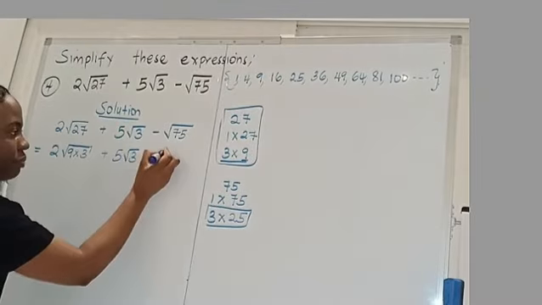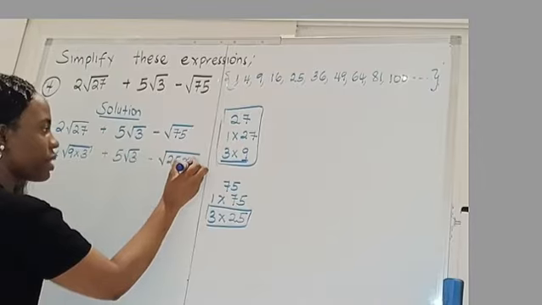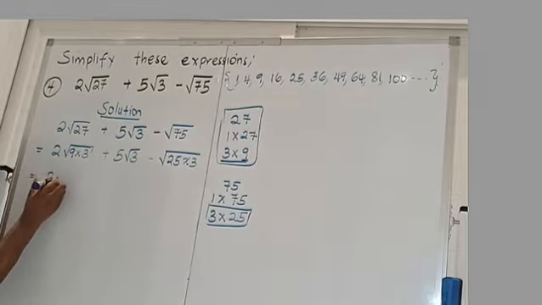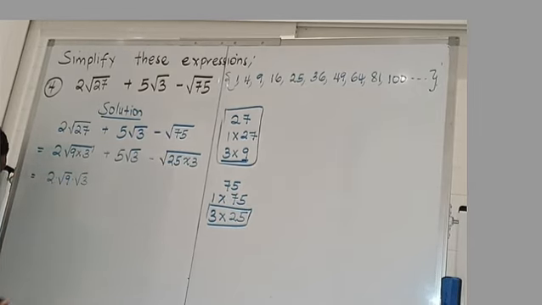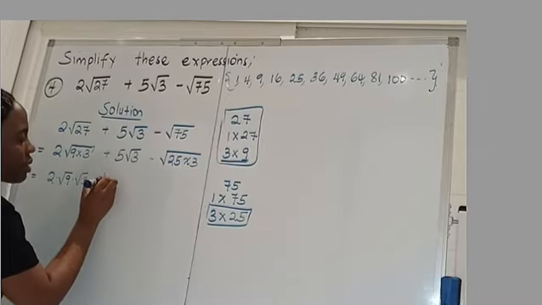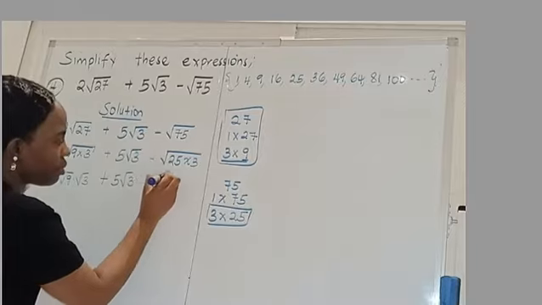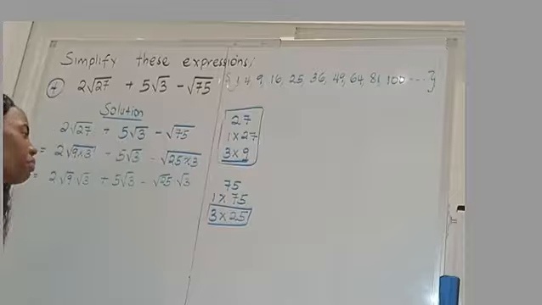I will have root 25 times 3. Now let us split. This is going to be 2 times root 9 times root 3, then plus 5 root 3 minus root 25 times root 3.